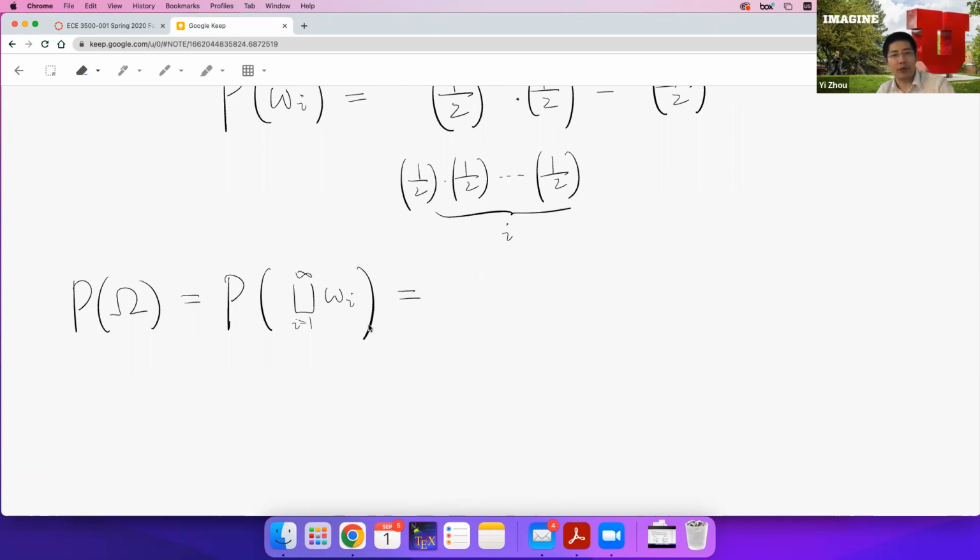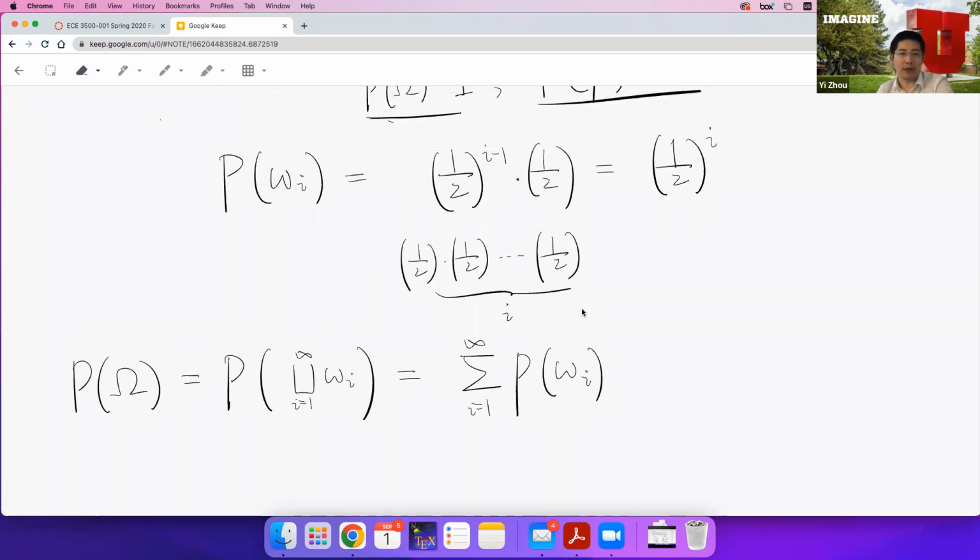Because they are mutually exclusive, we can apply the probability law to decompose it into the sum of the probabilities of individual outcomes.